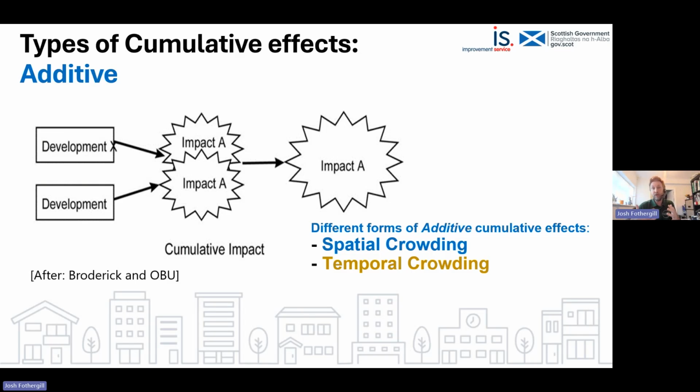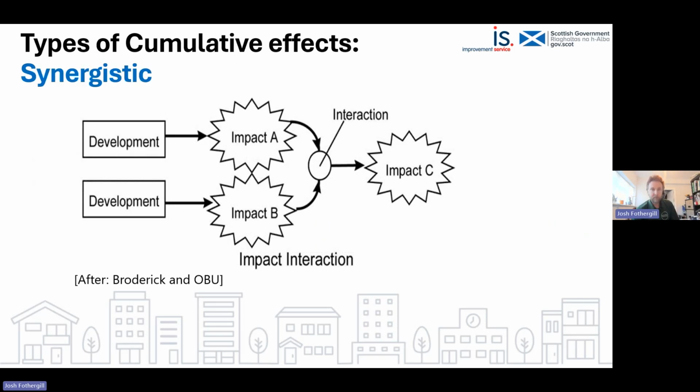But there's multiple other developments that are going on in that area at the time, so there won't be any quiet space, or there's a number of other projects that are going to go on before that and after that. So actually the cumulative impact is far bigger. So those are all additive types of cumulative effect.